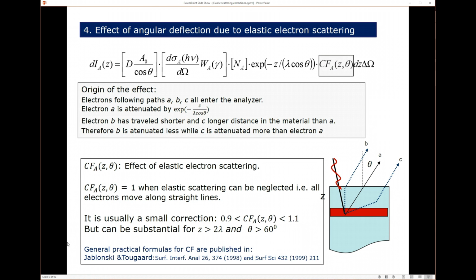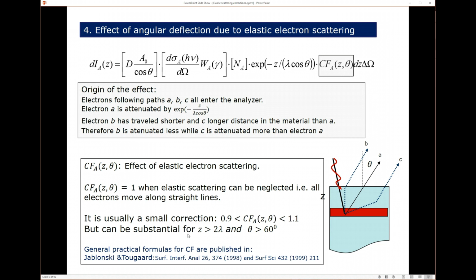So this is an idea that Jablonski and myself suggested several years ago, in the late 90s actually, as a very simple way to correct for the effect of elastic electron scattering. And as you can see here, there's a cancellation effect. So for thin layers, it turns out that the correction factor is small, less than 10%.